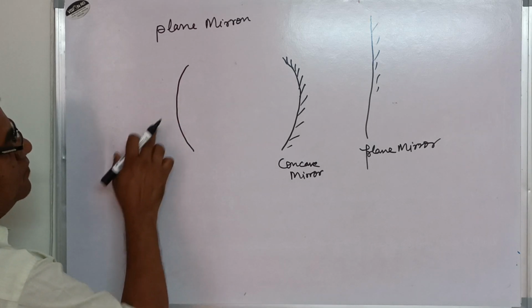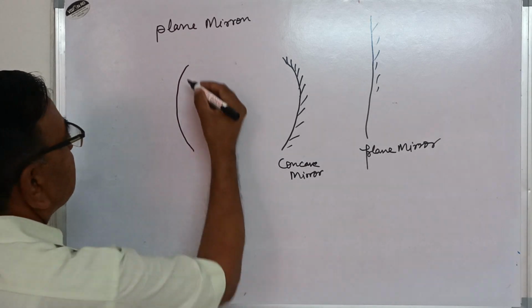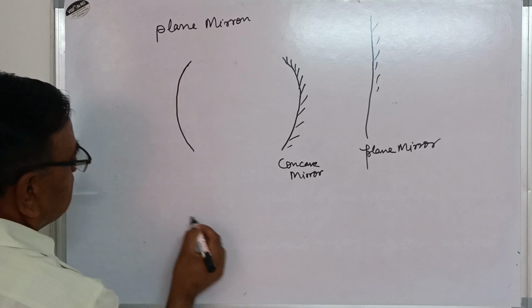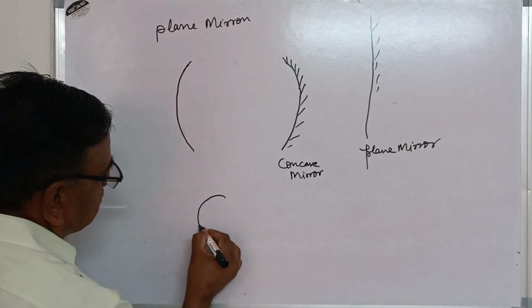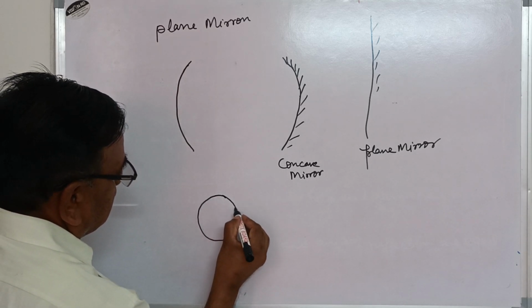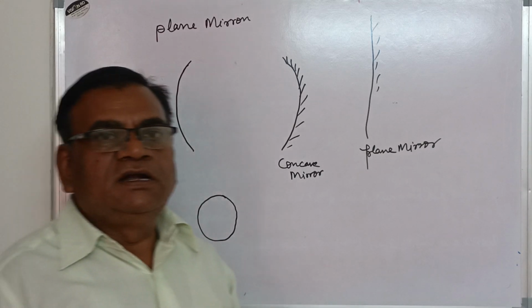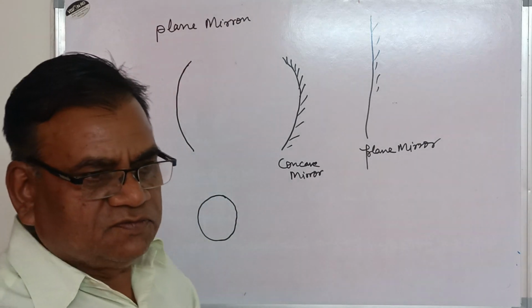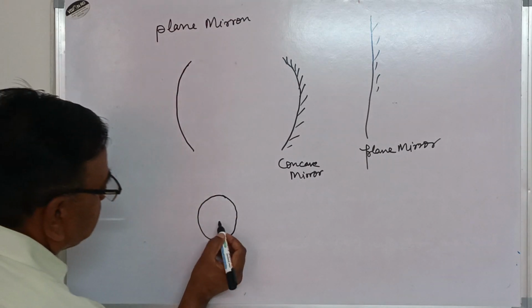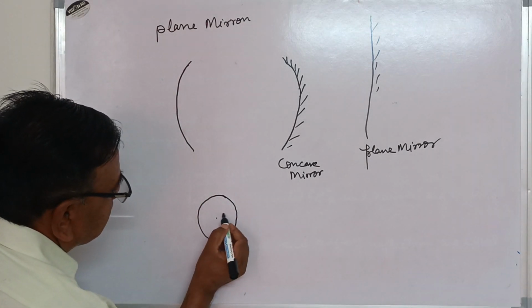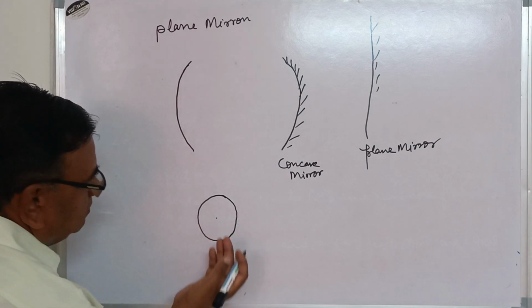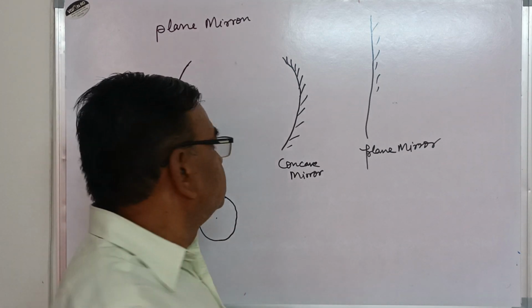outer surface of a part of a sphere. If you cut a small disc from a sphere, just like a small dish used in the house. So this point will be in the deep and this outer periphery will be this one.